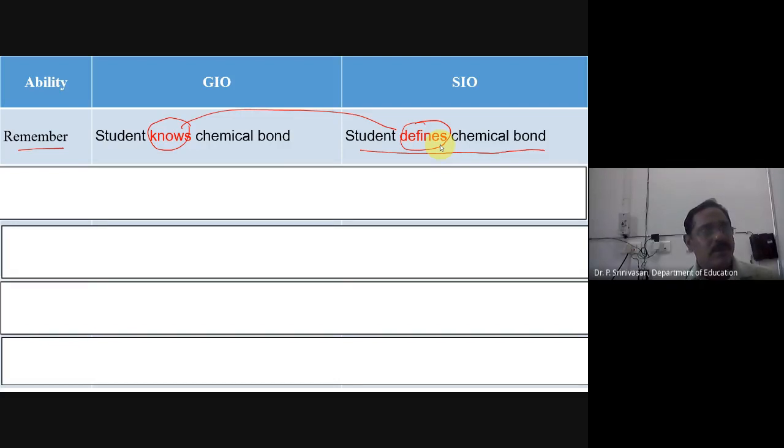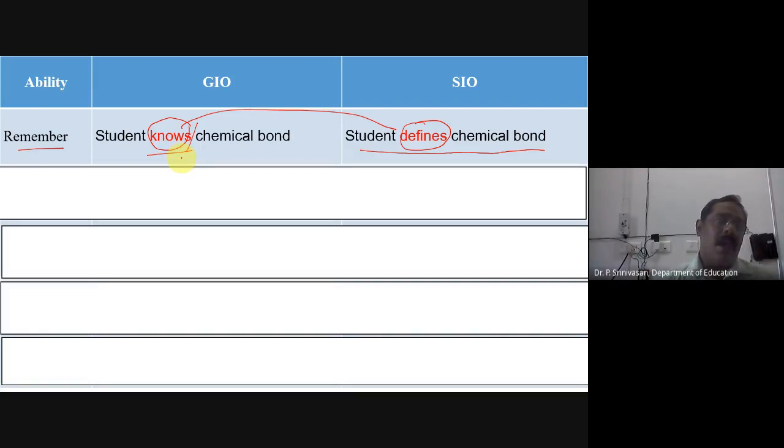But remember is a GIO only, it's not specific. When you go to recall, recognition, then it is specific. You can use equivalent terms for knows, but it should come under GIO. That is not constant. You can use any parallel which is non-observable, non-measurable, which is an inactive word.